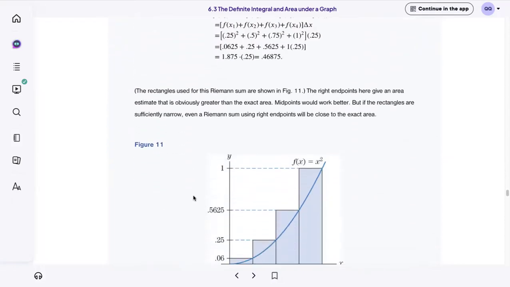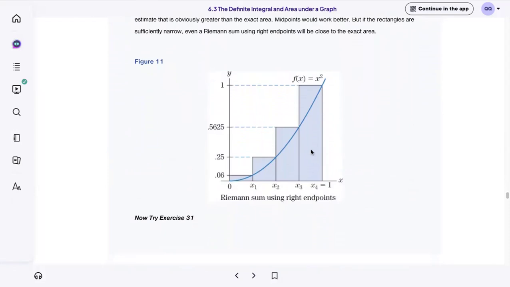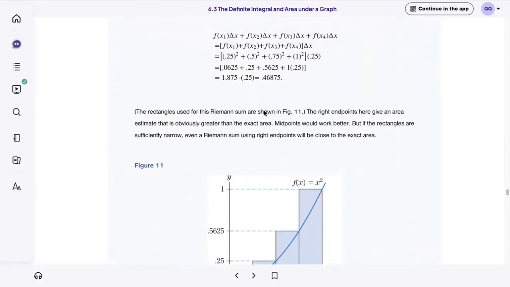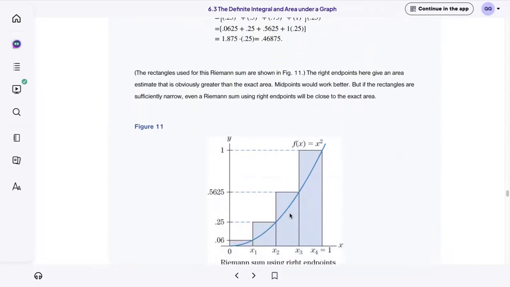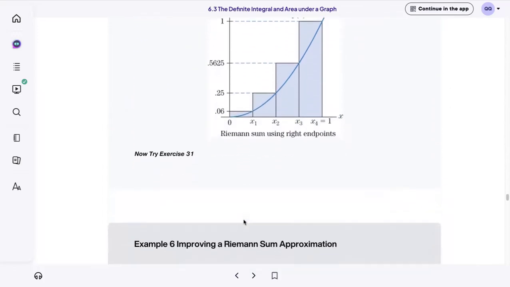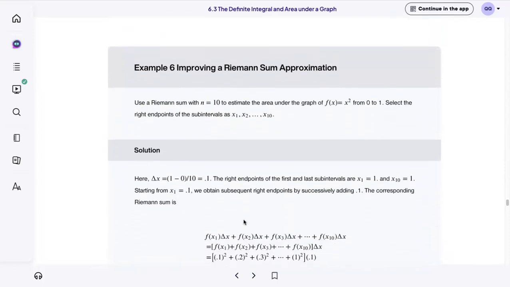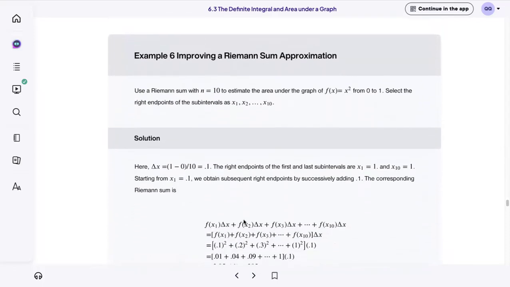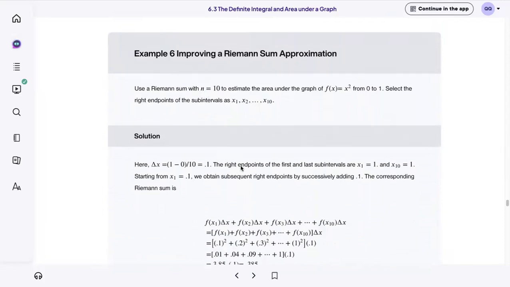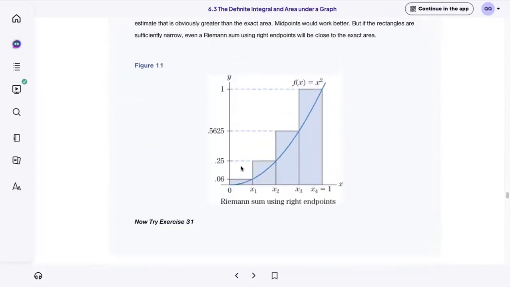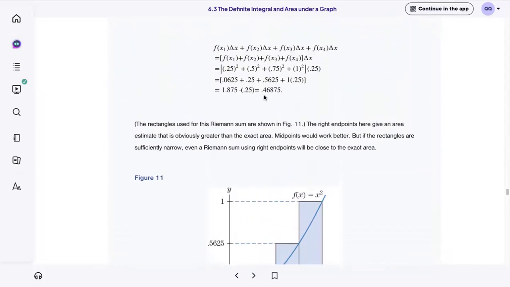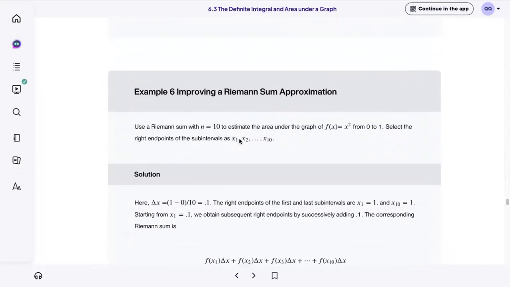Right, it's x squared. But remember what we get? We get 1/3, right? 0.333 something. So this is an approximation, but the exact value is 1/3, which we have done before. If we partition by 4, we get 0.46.